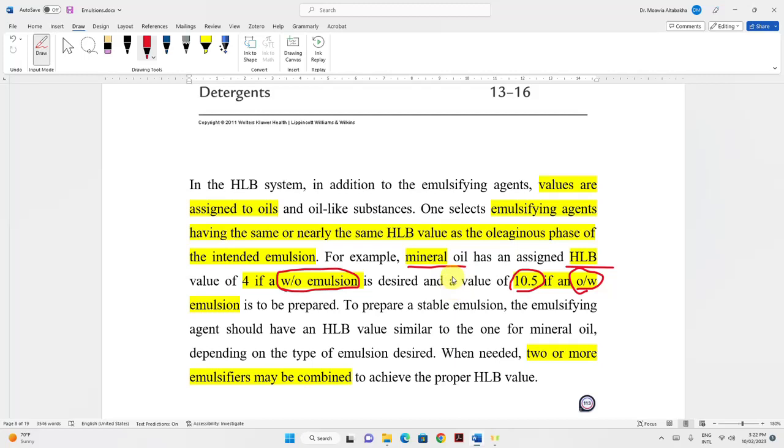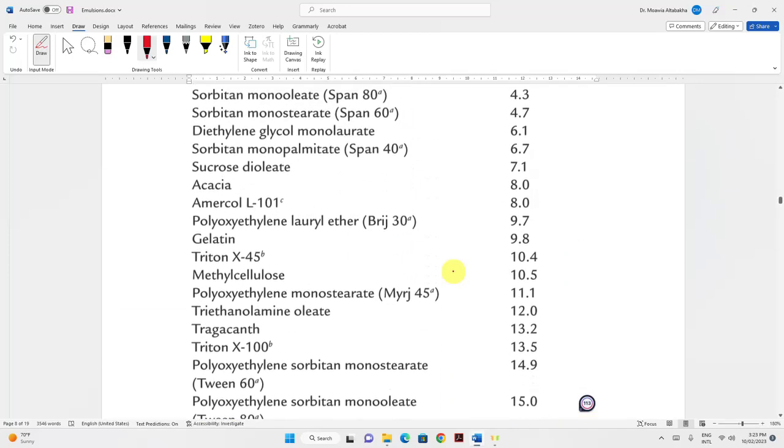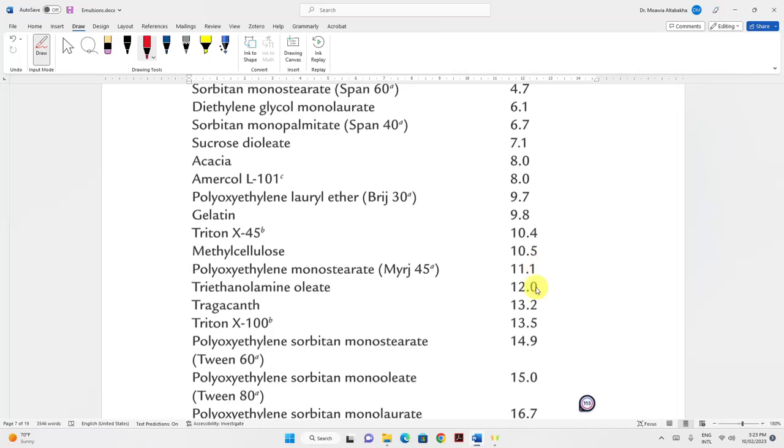But scientists also said that usually a combination of surfactants will work better than a single surfactant. But in this case, let's say you want to take one that is 8 and one that is 12, and mix them together, then how will you get exactly 10.5? Now I will show you an example where you'll be able to do such calculations. Did you get it?